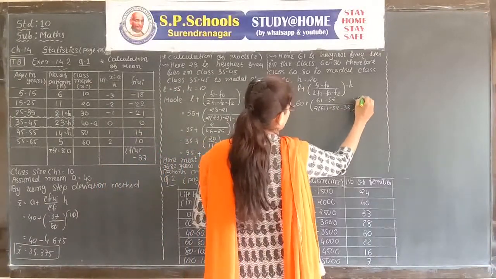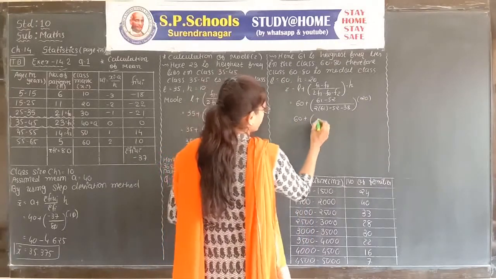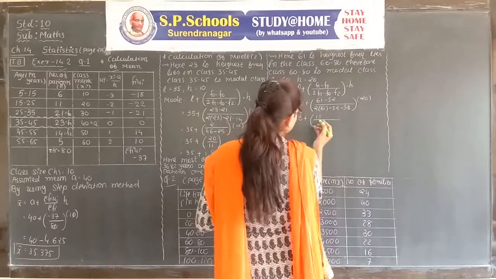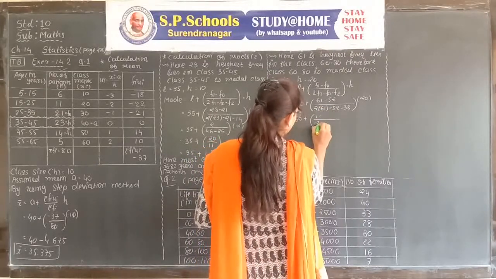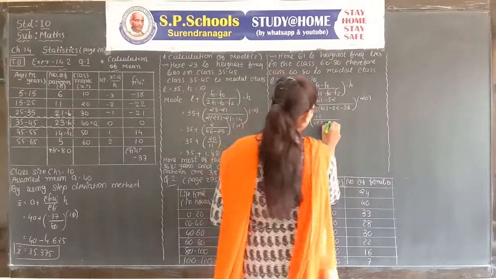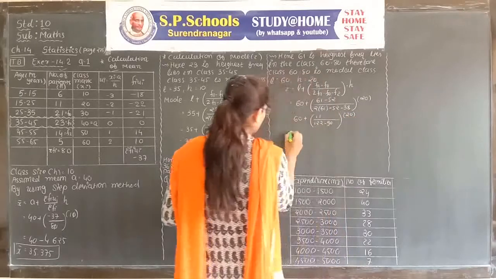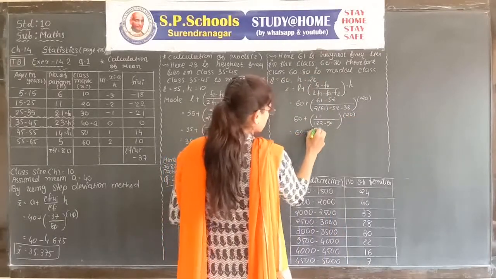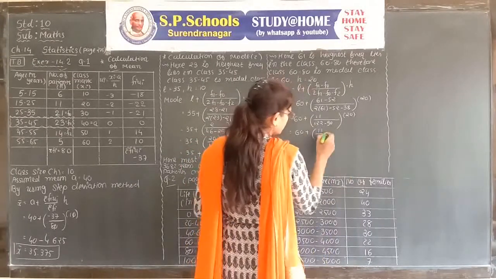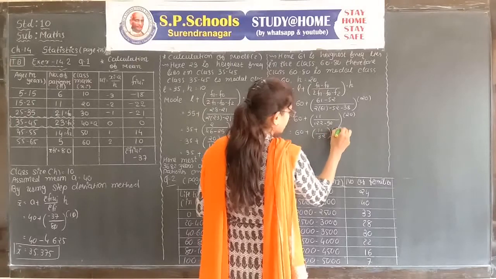And the class size H is 20. 60 as it is plus 61 minus 52, 11. 61 twos are 122 minus 90, and here is the 20, is equal to 60 plus 11 upon 122 minus 90, 32, and here is the 20.